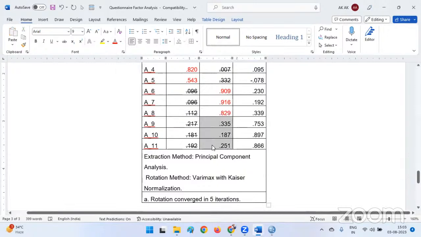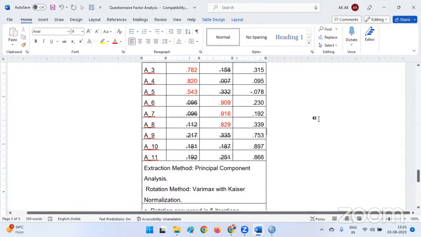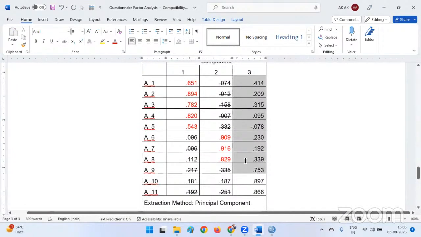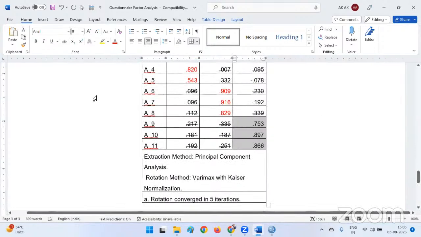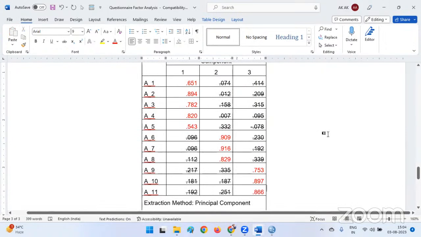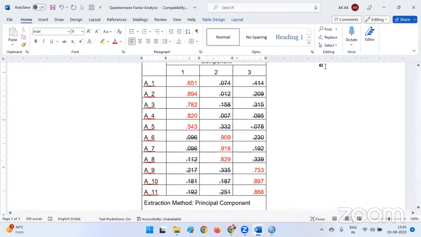So this becomes one factor. These are also low, so I'm cutting them off. Here, these values are low, below 0.5, and these values are above 0.5. Okay. So you can see that all 11 statements have been divided into three factors based on the rotated component matrix.